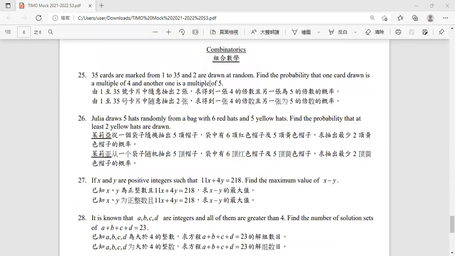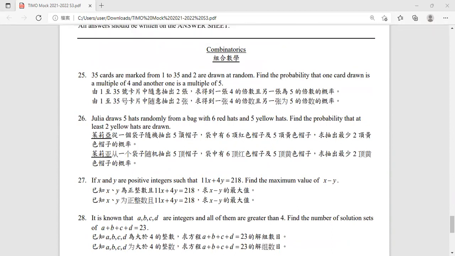Okay, 25. Now 35 cards are marked from 1 to 35, and 2 are drawn at random. One card is drawn that is a multiple of 4, and another one a multiple of 5. For multiples of 5, there are 7 cards.